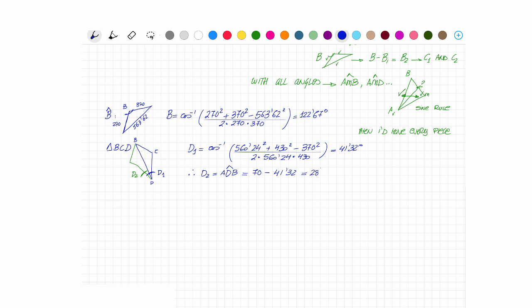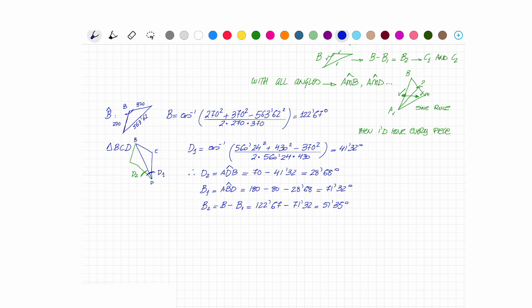And because interior angles in a triangle add to 180, B1 is 180 minus 80, which was angle A, minus 28.68, which is 71.32 degrees. I know the whole angle B, so B2 is B minus B1, and that is 51.35 degrees.